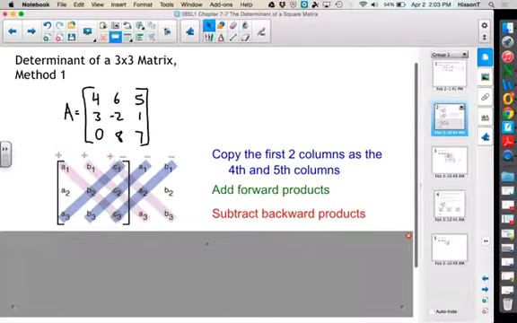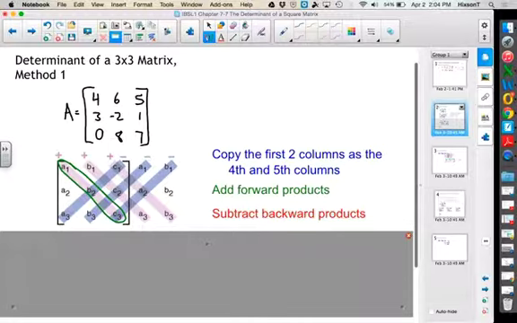This middle column of our original matrix has B's in it, and we copied it as the last column. The reason is that we can then look at this diagonal in the original matrix, this forward diagonal, as we call it.